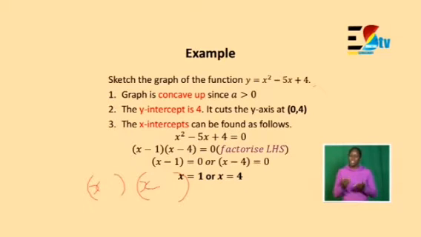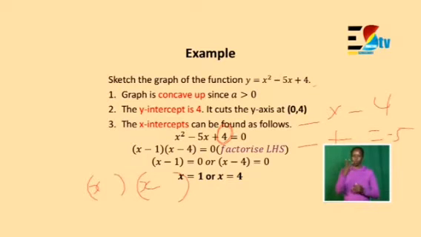Then the next numbers you will put here: you look for the 2 factors of 4, our c, that when you add them, they give you b, the coefficient of x, which in our case is -5. When you multiply those 2 factors, they give you 4.